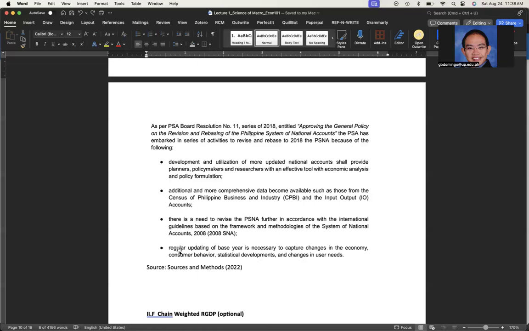So as prices tend to go down over time, people will want to consume more of it, right? And as prices go up, then households will tend to consume less of it in terms of substitution. So these are the kinds of changes in the economy that's not being captured if you're keeping the base year constant.